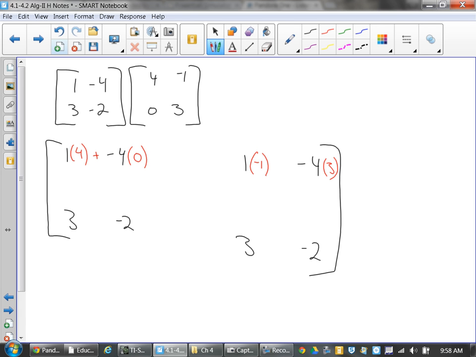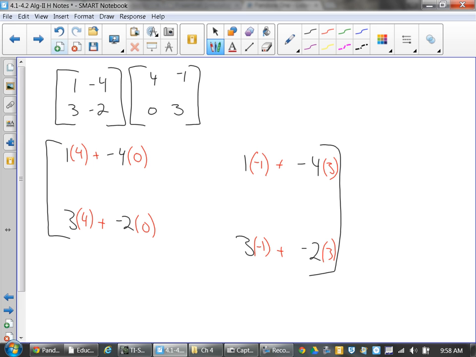Put plus signs between them, and I just follow below it. It's a nice, clean pattern to follow, and it's always nice when there's a 0 involved. It's a lot less math.